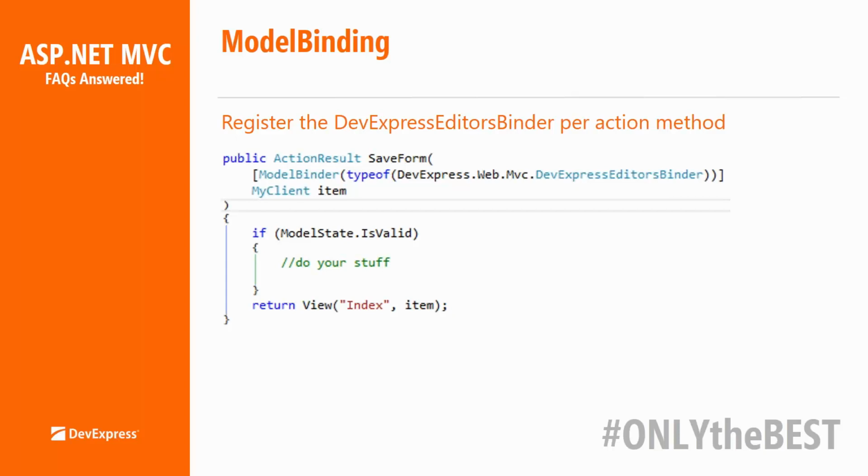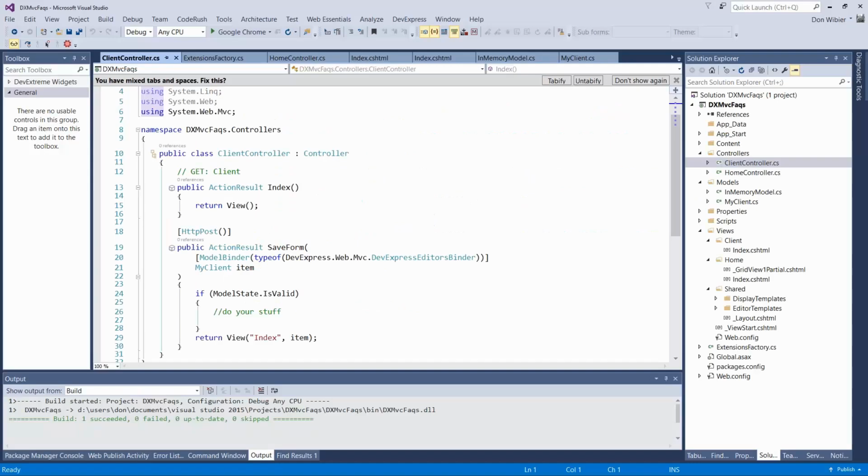And that is, well, you already saw it in the demo by decorating the argument of this action method with the model binder directive or attribute. When I saw this for the first time, I had something like, huh? You can put like attributes on top of arguments. Okay, pretty cool. And by using this approach, you'll make sure that for this call, the DevExpress editors binder is used to transform your form data into the appropriate object.